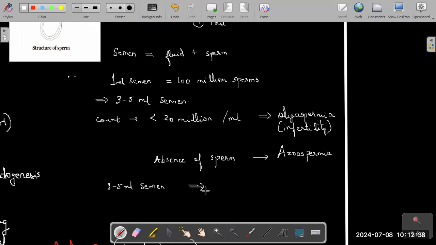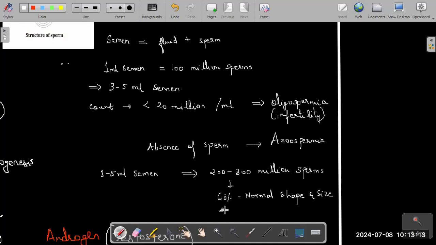This will have approximately 200 to 300 million sperms released during coitus, of which at least 60% should have normal shape and size, and at least 40% should have vigorous motility.